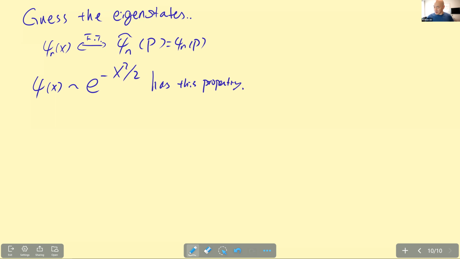Let's call this a Gaussian function. This Gaussian function is symmetric, so the parity equals +1.